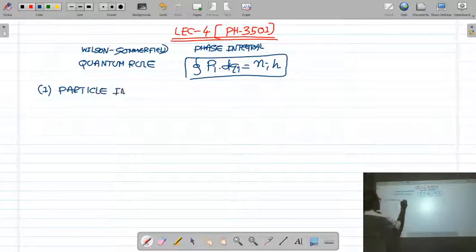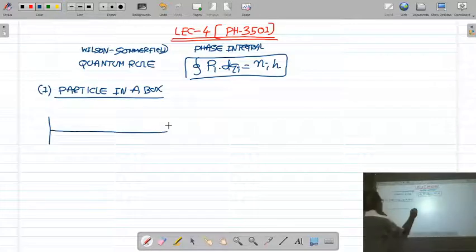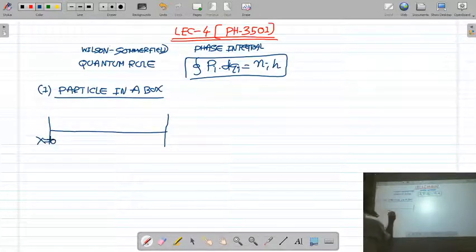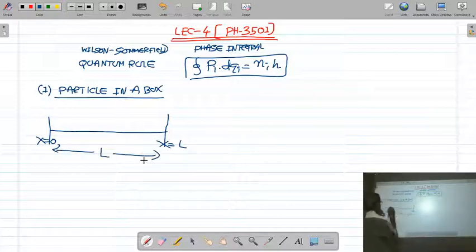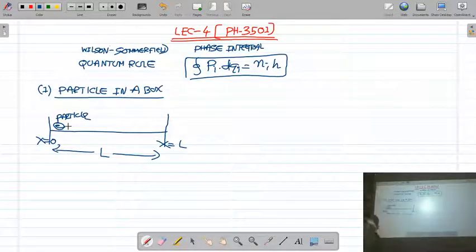Particle in a box. We have considered a one-dimensional box of length L and a particle. The electron is doing to and fro motion between two walls of the box.